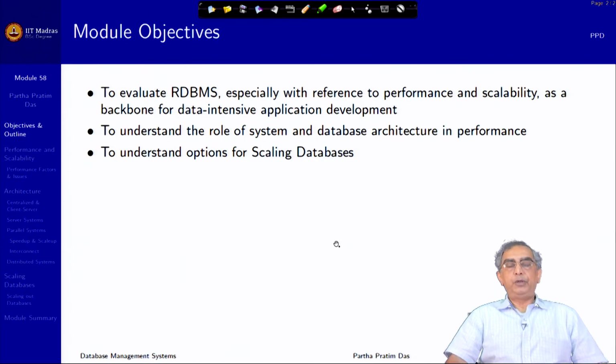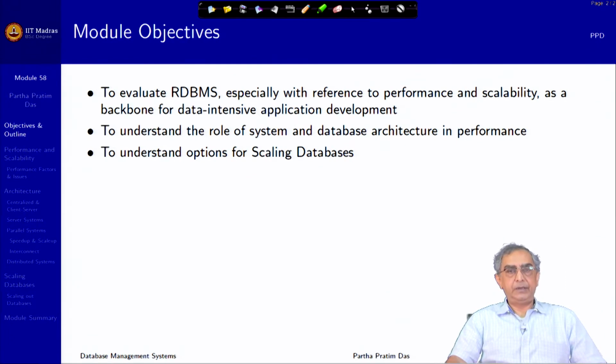In this module, we will now do an evaluation of RDBMS. We have learnt about all the major aspects of an RDBMS, starting from the basic capture of modeling to design to normalization to query formulation to writing of transactions, concurrency, backup, optimization, all of that.